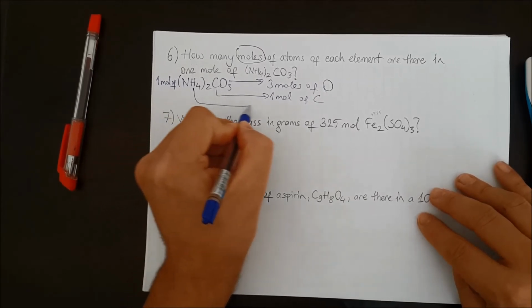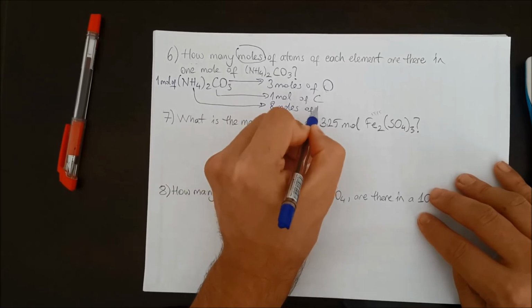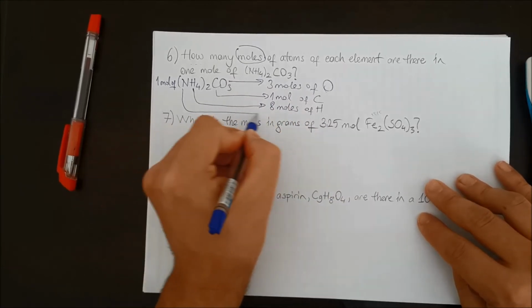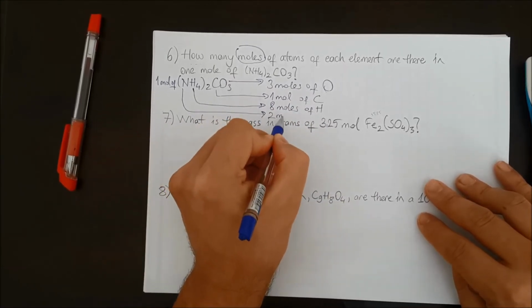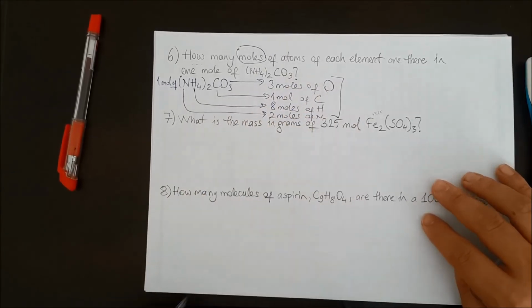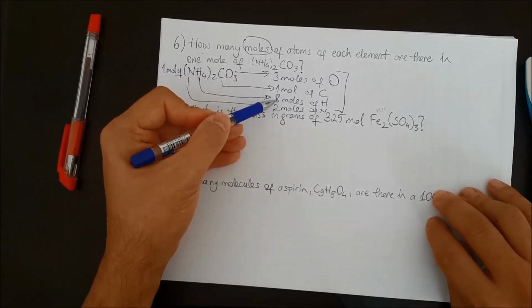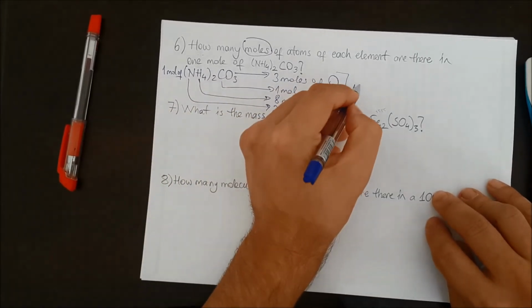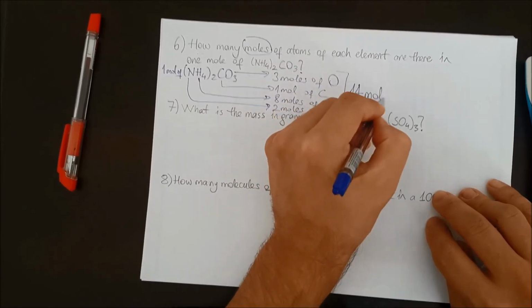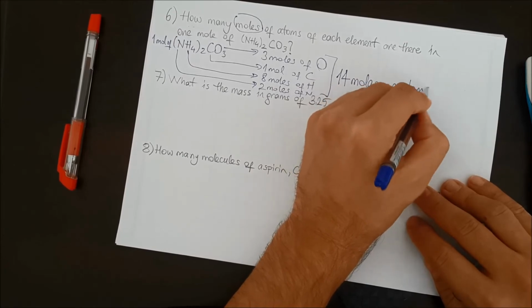And 8 moles of hydrogen and 2 moles, 2 times 1, 2 moles of nitrogen. You will sum them. 3 plus 1, 4, 4 plus 8, 12, 12 plus 2, 14. I have totally 14 moles of atoms.